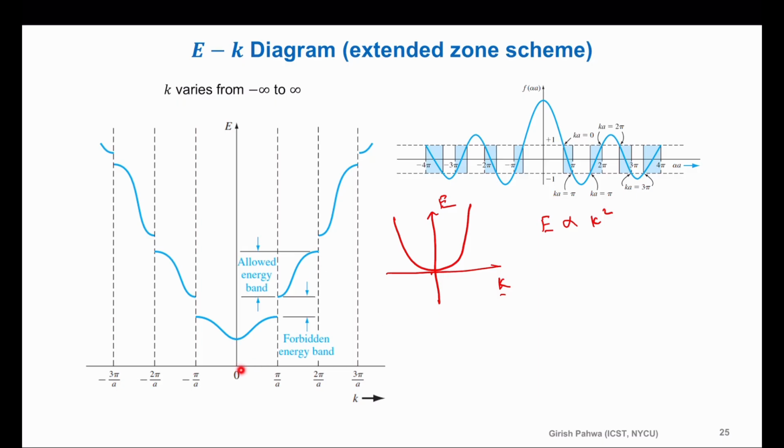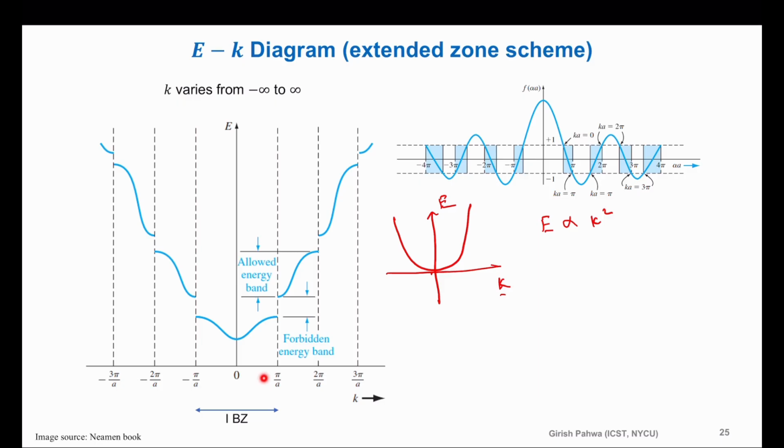But in this case, at K equal to 0, you have some finite energy. The other thing is that it was all continuous. Here you have gaps, band gaps. So this range of energy is band number 1, this is band number 2, from here to here is band number 3, and in between the bands you have band gaps. Now this is your first Brillouin zone, minus pi by A to pi by A.